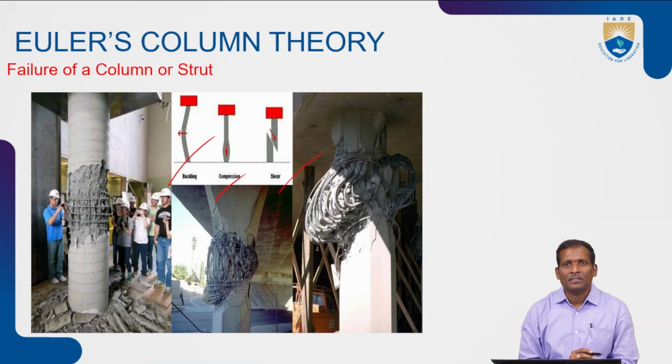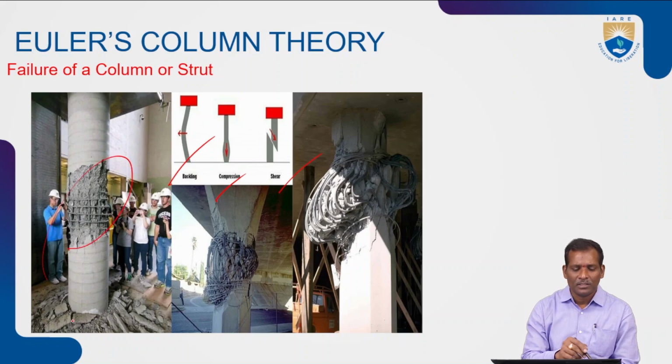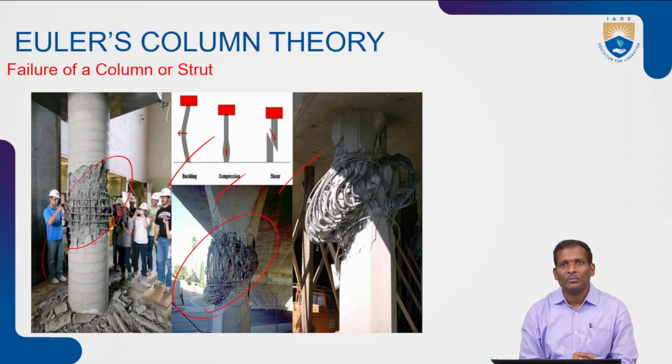In the figure shown, the column fails due to the buckling load. The middle portion between the floor and the roof is called a structural member, that is, column or strut. So this type of failure will occur in columns due to the crushing load and due to the buckling load or crippling load.